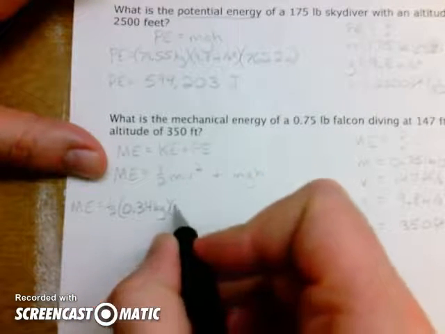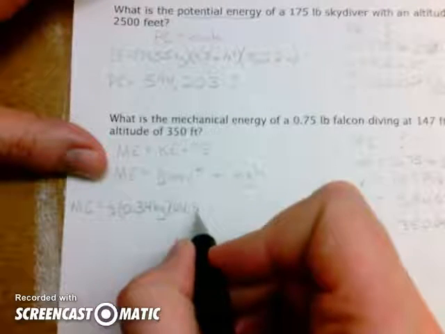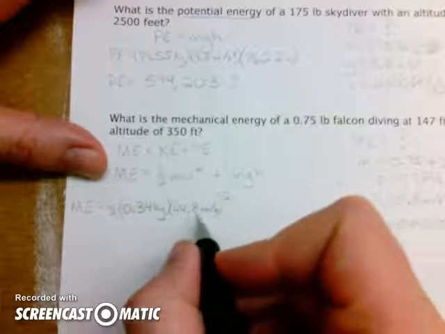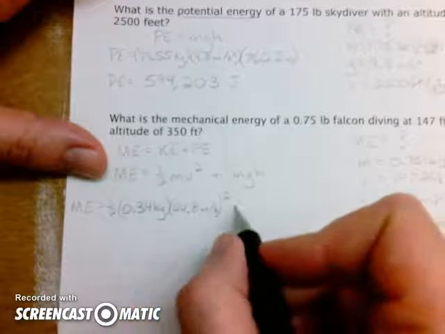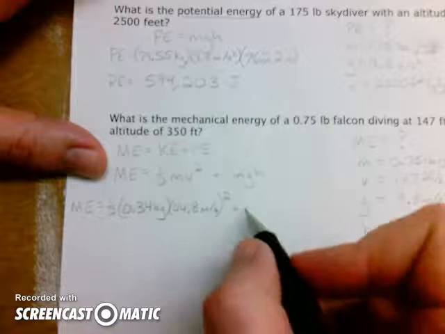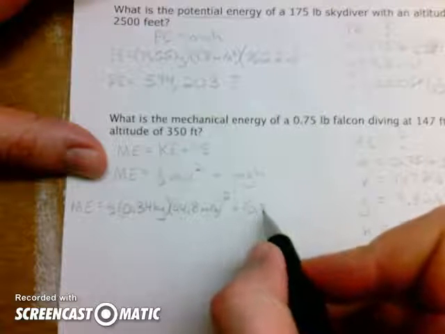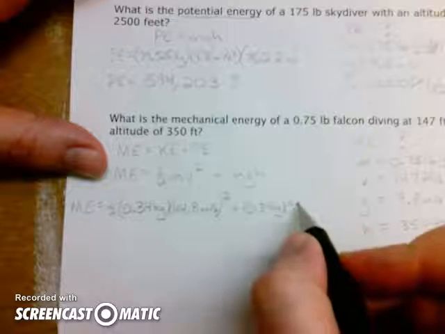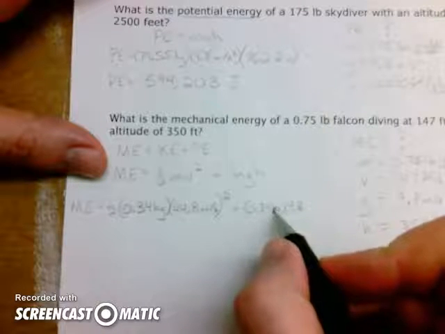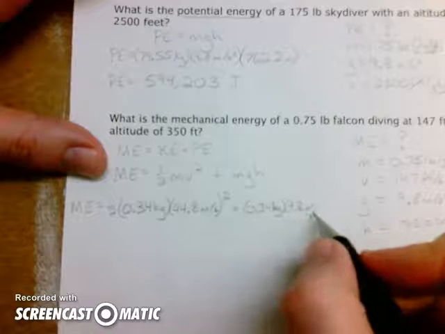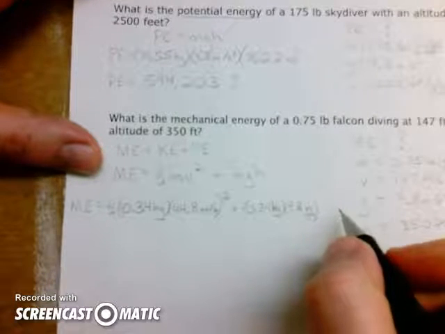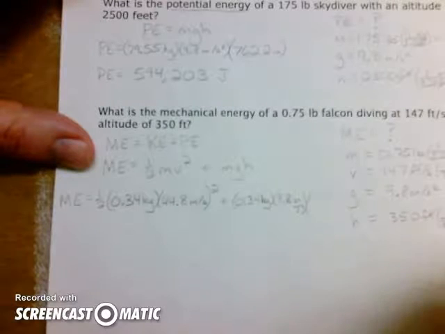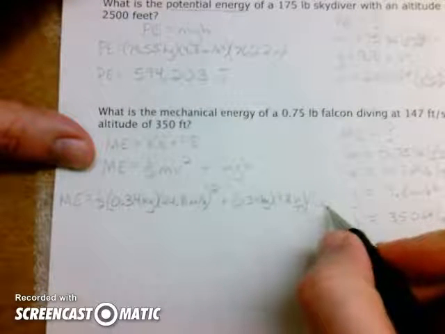My velocity is 44.8 meters per second. We're going to square that on the outside, squaring the number and the unit for velocity. Plus, my mass again is 0.34 kilograms. Our gravity is 9.8 meters per second squared. I'm running out of room, so I'm just going to cram it in here. H is 106.7 meters.